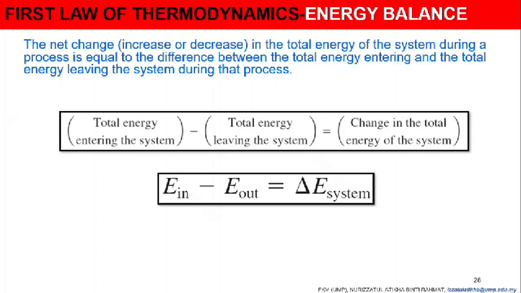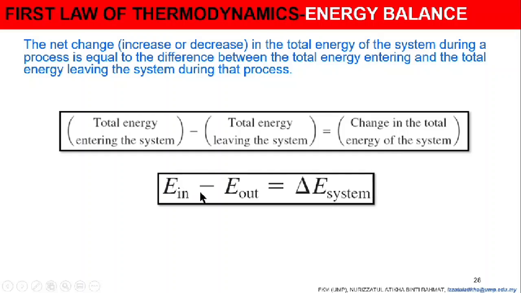Now, let's see the energy balance equation for the first law of thermodynamics. The net change, increase or decrease, in the total energy of the system during a process is equal to the difference between the total energy entering and the total energy leaving the system during the process. So, total energy entering the system minus total energy leaving the system gives the change in the total energy of the system.